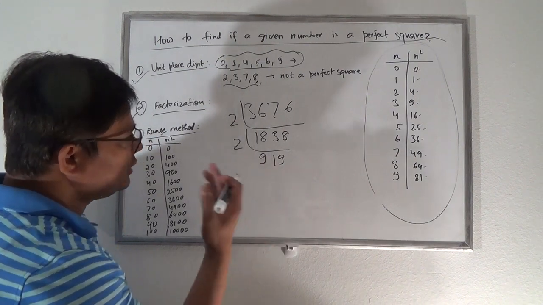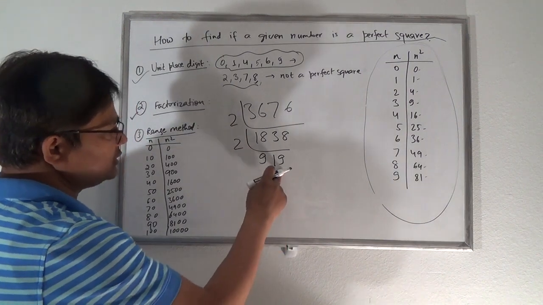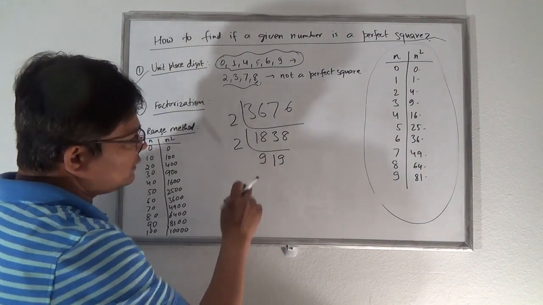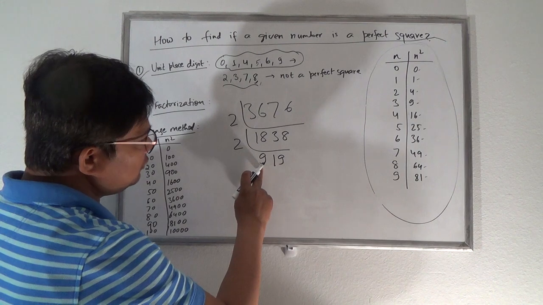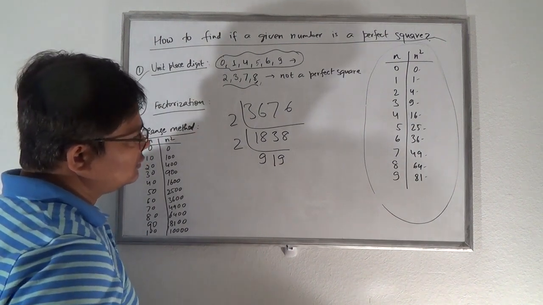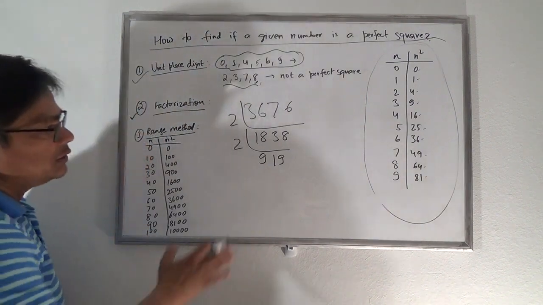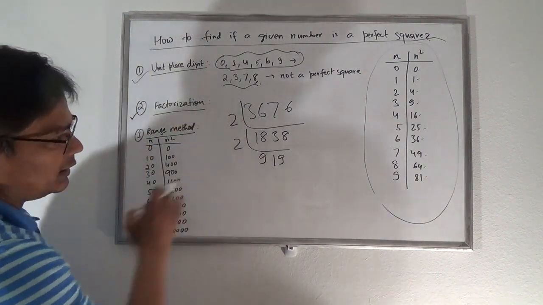We should not even think about 6, because 6 is not a prime number. What about 7? Can we divide it by 7? No. Then what about 11? No.